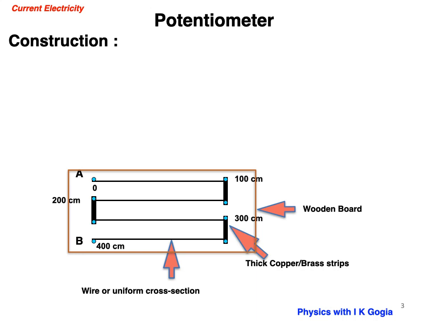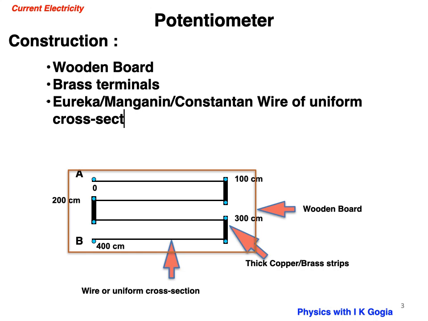The essential parts of a potentiometer are a wooden board which is more than 1 meter long, brass terminals fixed on the board, Eureka, manganese or Constantan wire of uniform area of cross section. The length of the wire is generally in even meters: 4 meters, 6 meters, 8 meters, 10 meters.